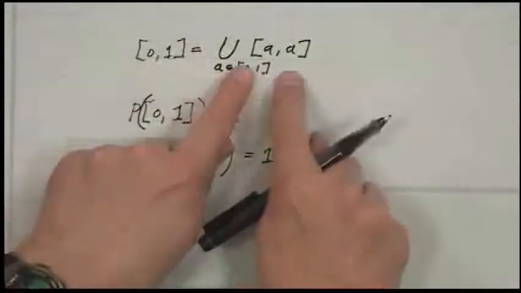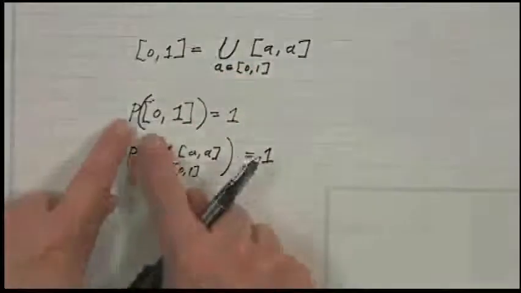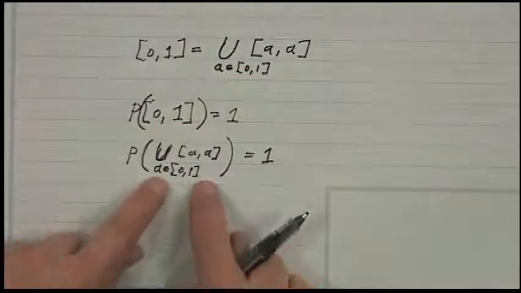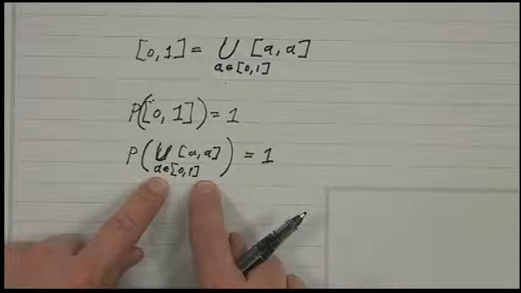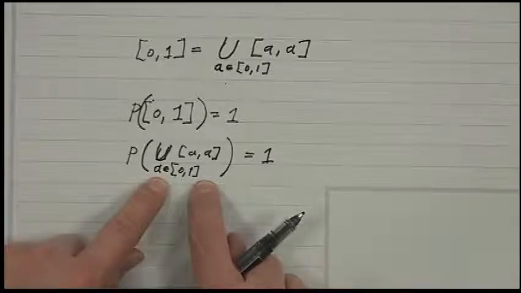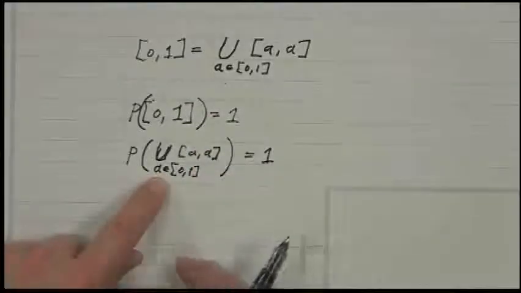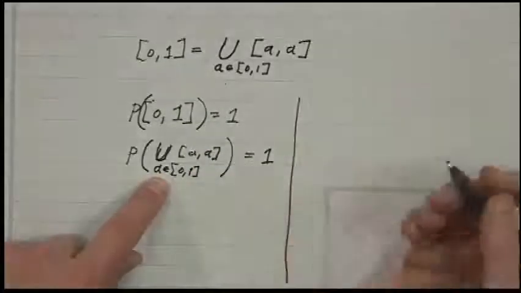That is irrefutable. So the probability of this has to equal the probability of that. But each of the individual probabilities of [A, A] is 0. That's correct. But this has to equal that, by definition.